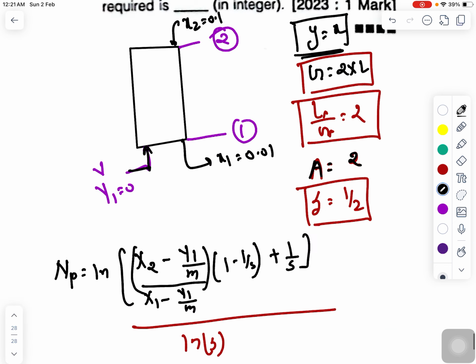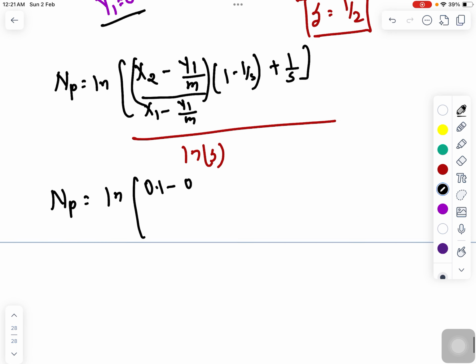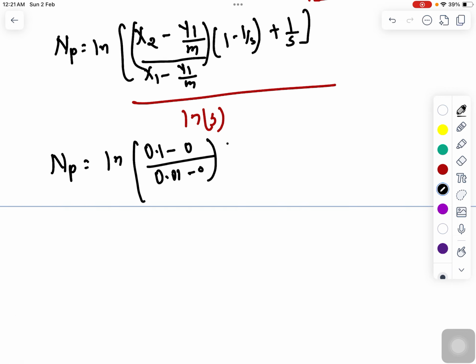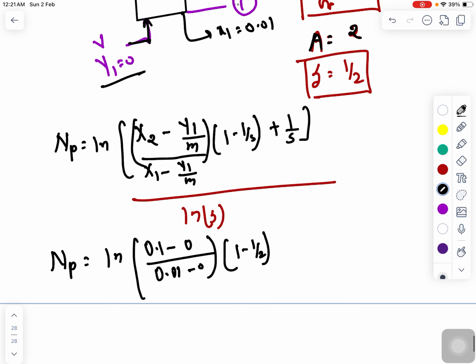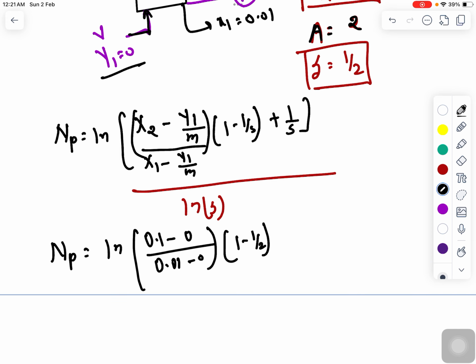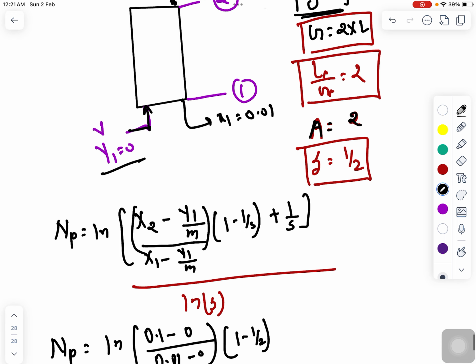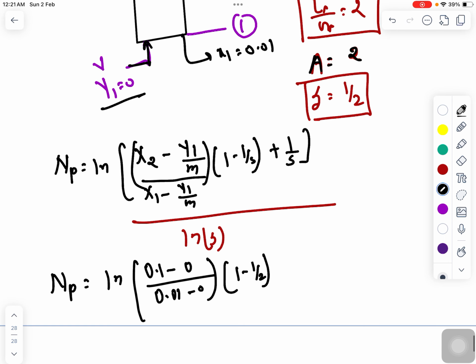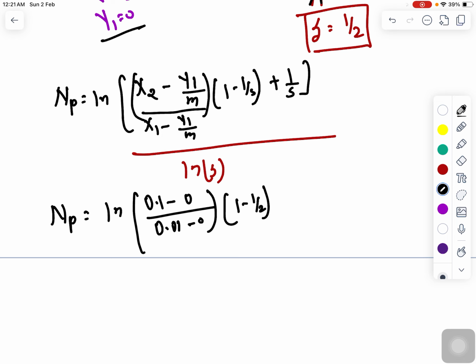So 0.1 minus y1. y1 is solute free, so that is 0, divided by x1, which is 0.01 minus 0, into 1 minus 1 by 2 plus 1 by 2, divided by ln 2.